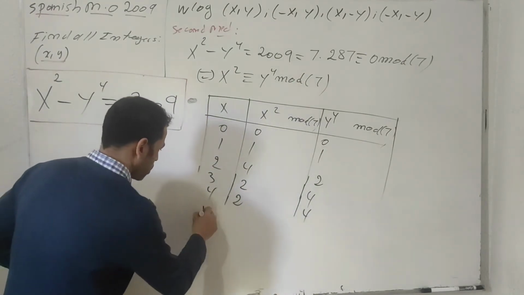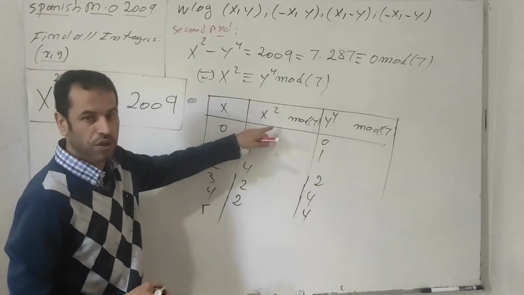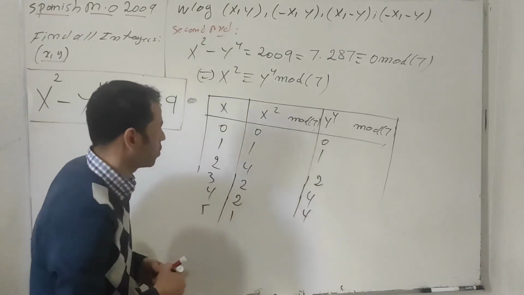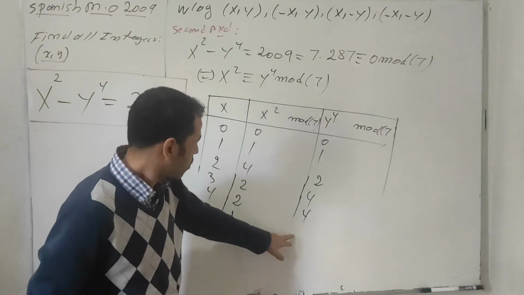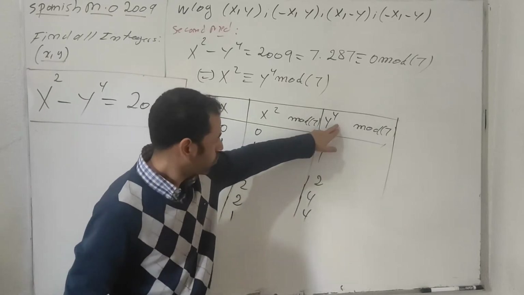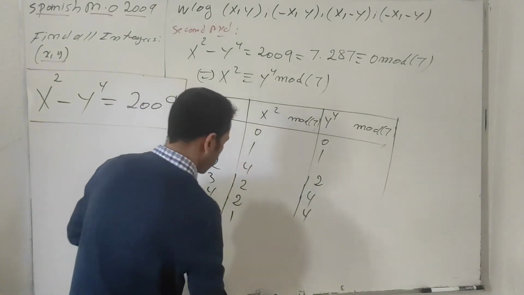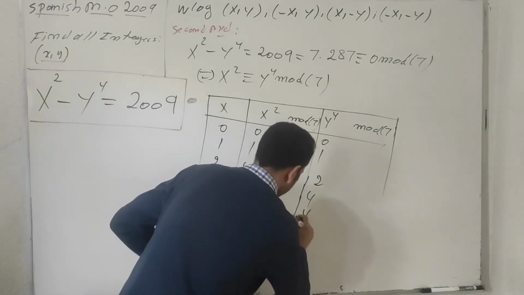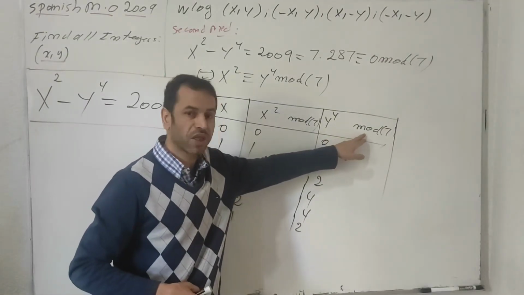Let's check x equals 5. x squared gives us 25, which is the same as 1 mod 7, because 25 is 1 more than 24. For the corresponding y to the fourth, 5 to the fourth is 625. 625 is the same as 2 mod 7, because 7 divides 623.